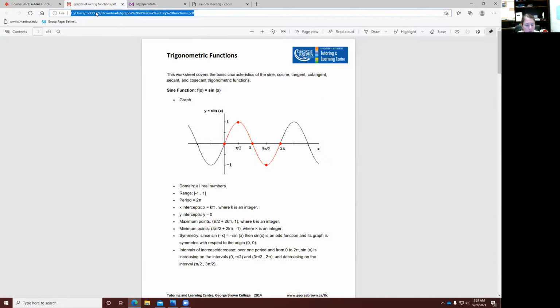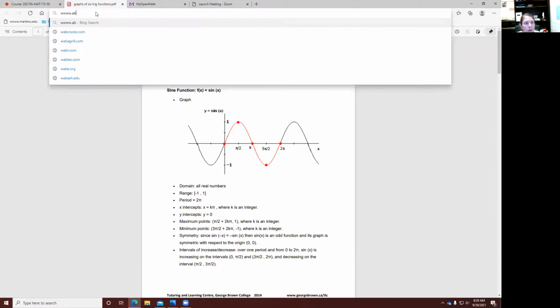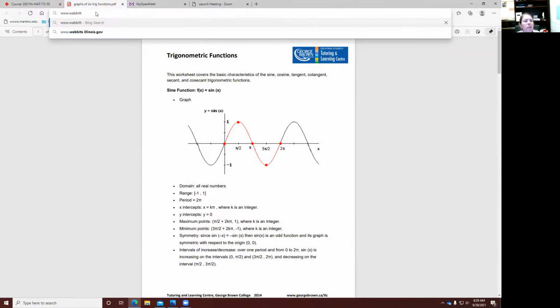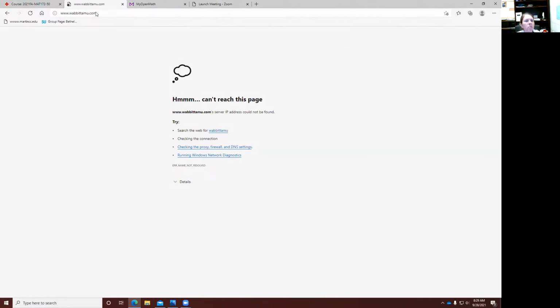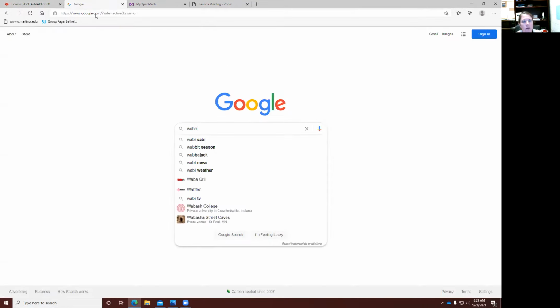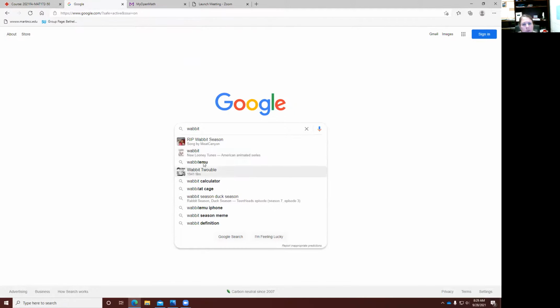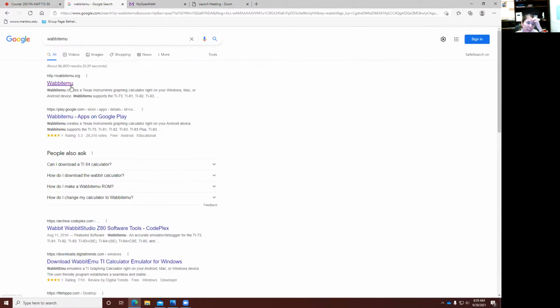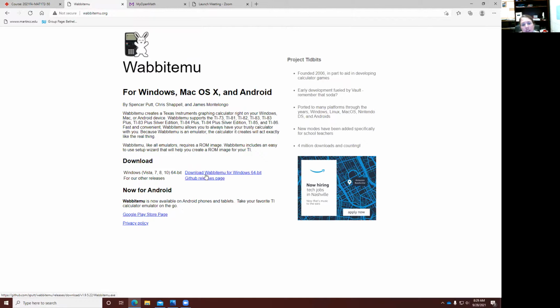If you go to www.wabbitemu.org, you can download on your computer a free graphing calculator. This is the website: wabbitemu.org.